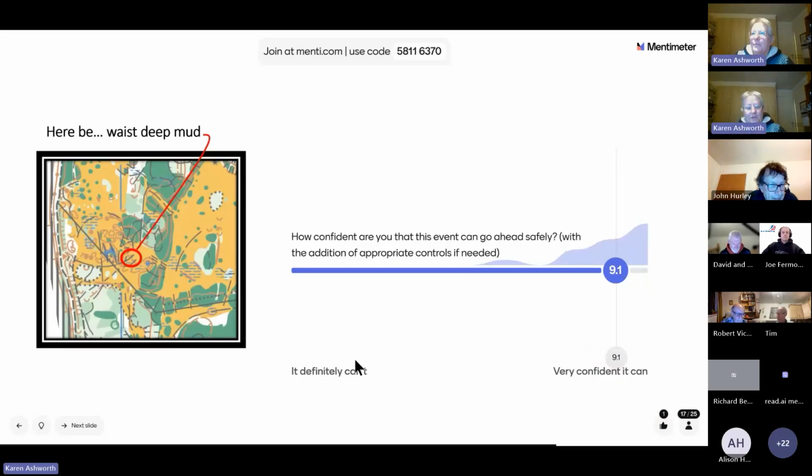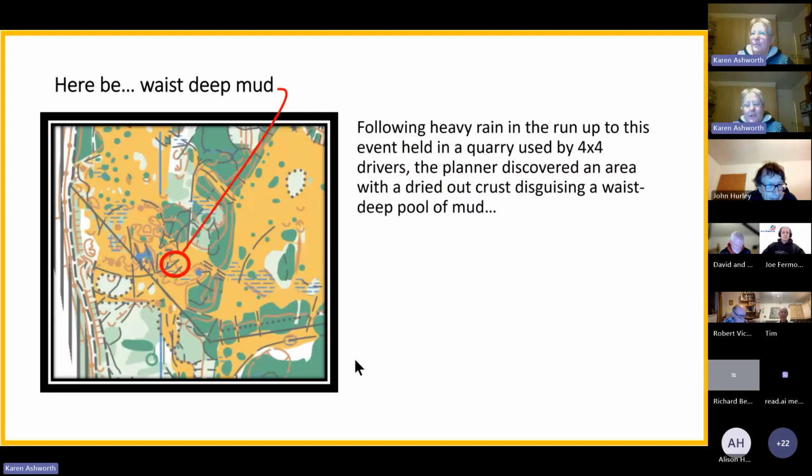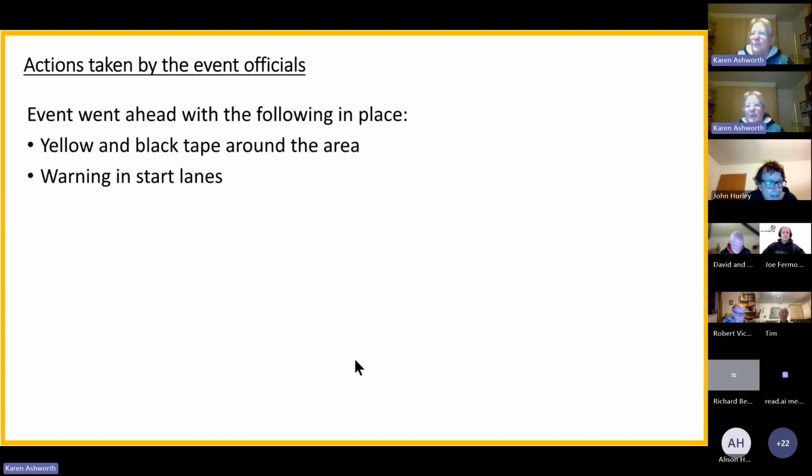Yep, high confidence from everybody there. And there was high confidence from our planners too. Yellow and black tape around the area and a warning in the start lanes.